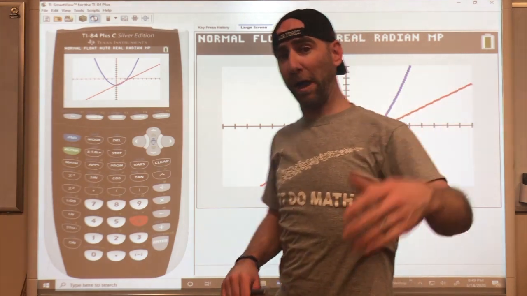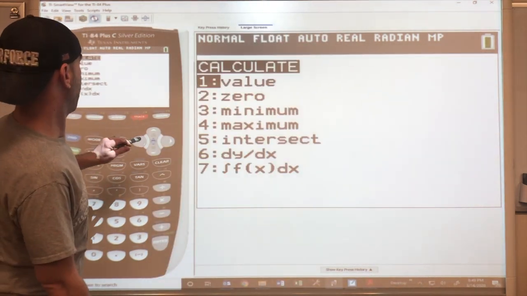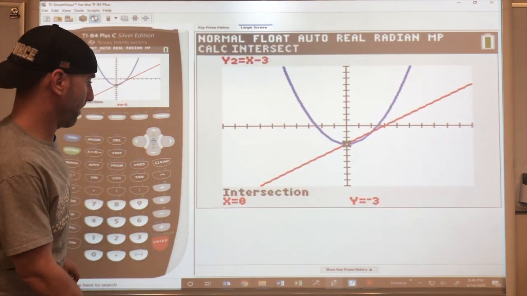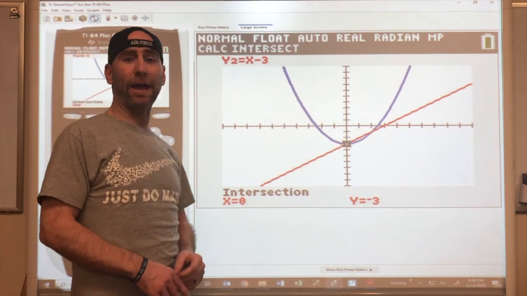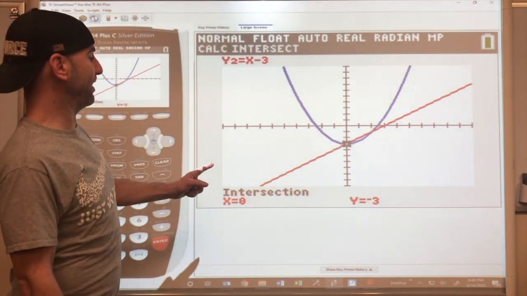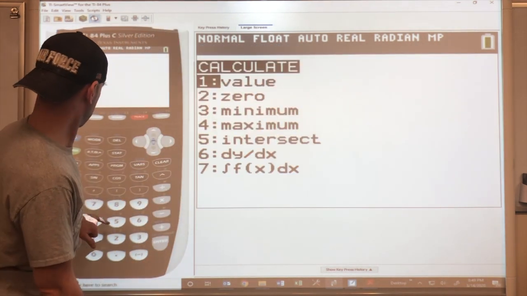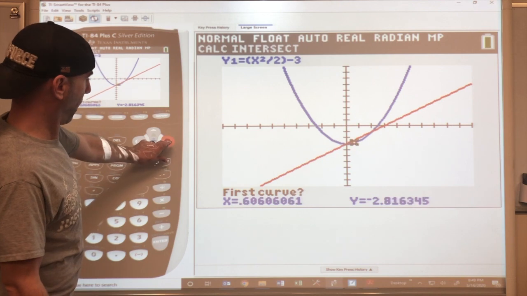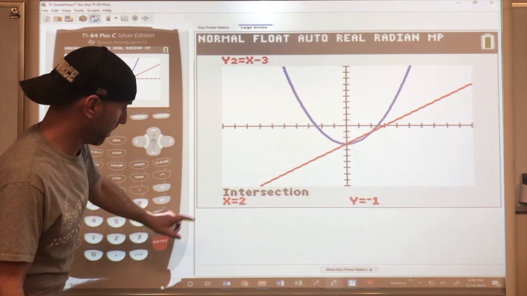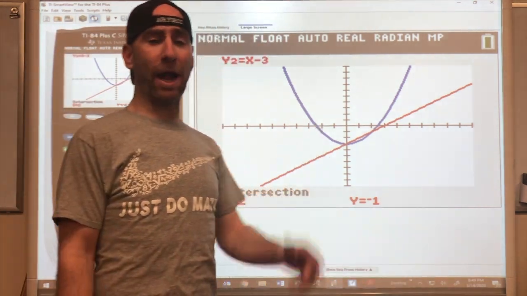So find them real quick before I do. Okay, one of your solutions is 0, and then your other solution is 2. There you go. Let's practice again.